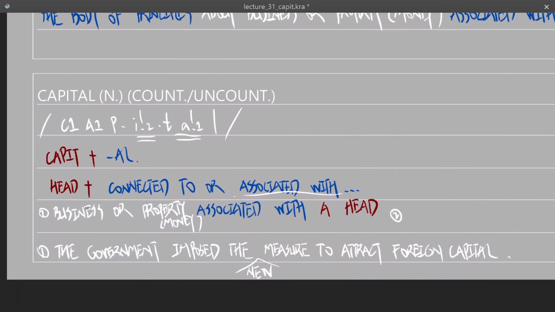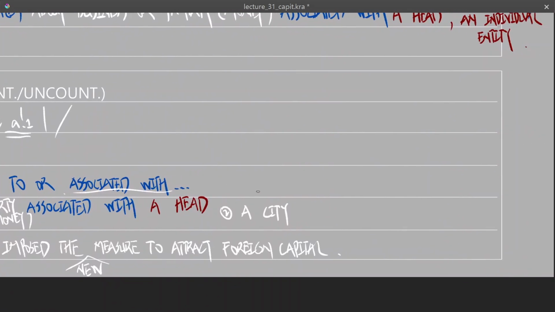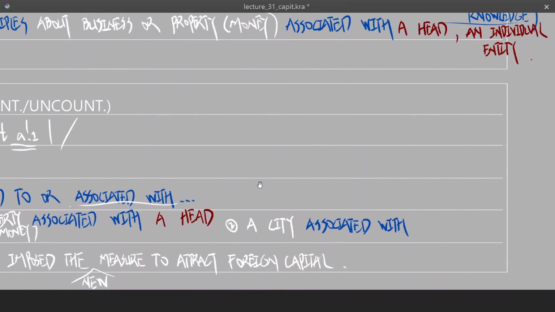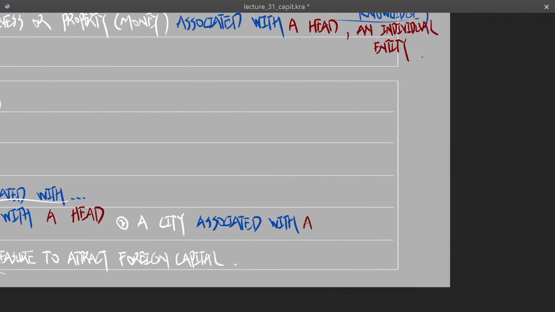Alright, we have the second meaning. Capital could be a city. A city associated with what? With the head of what? Of all cities of a country.